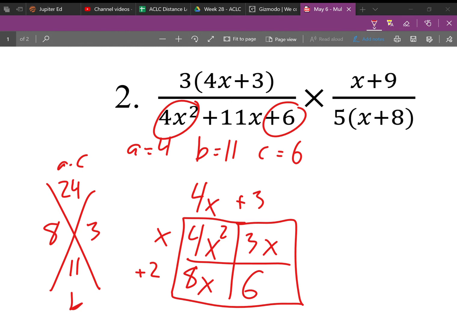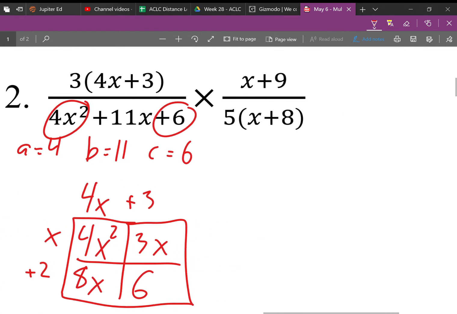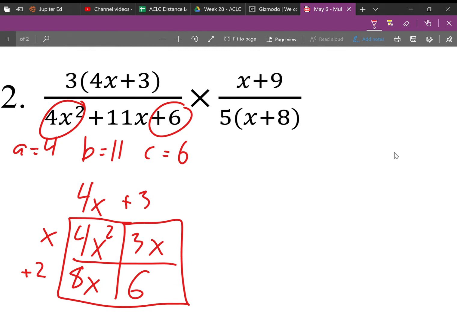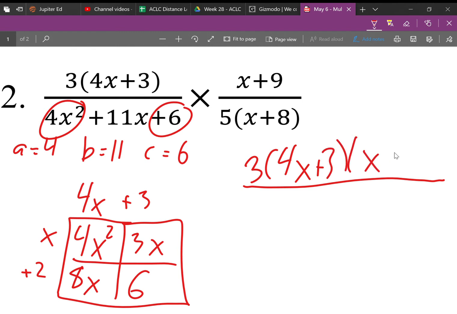Let's go ahead and rewrite our problem and move over a little bit. Now, since this is multiplication, I'm just going to draw my long division bar and write it all out. So what do I have? I have x plus 3, I have 4x plus 3, I have x plus 9, all those things we just put together on the top.